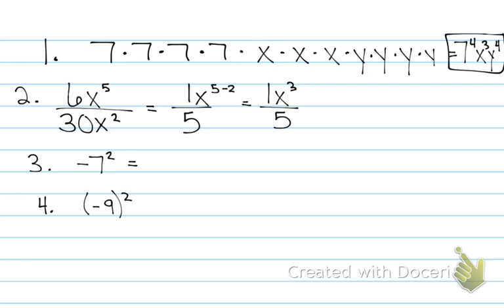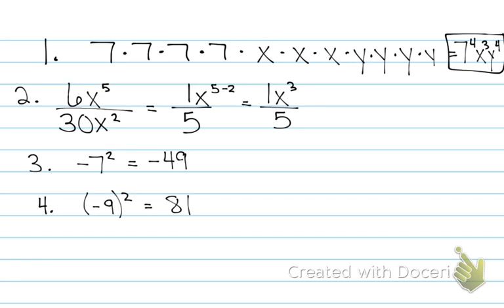Okay, he says it's negative 49 because what is it missing? Parentheses. If it had parentheses, the base would be negative. But because it's not, I evaluate the exponent and my answer is negative every time. Kayla, what's number 4? It's positive 81 this time because the negative 9 in parentheses means negative 9 times negative 9.